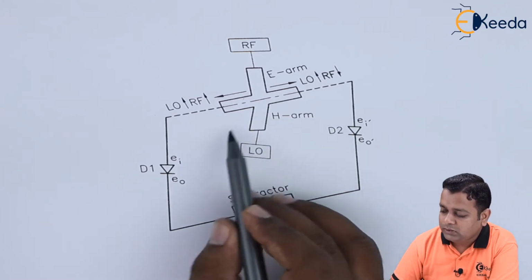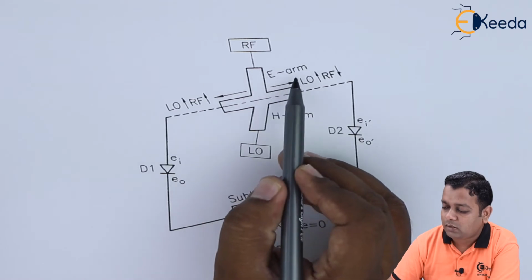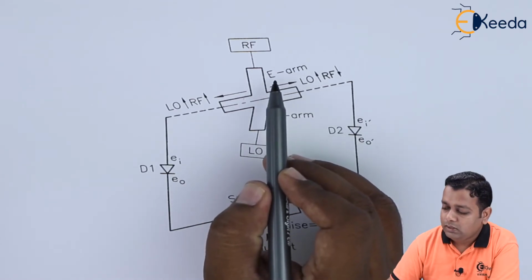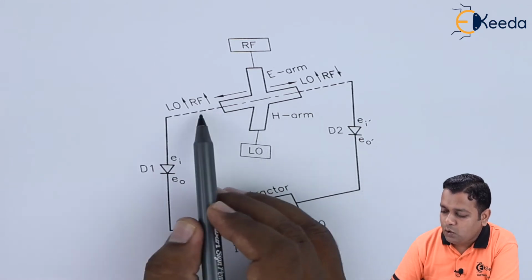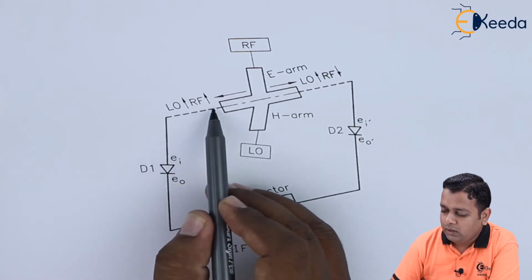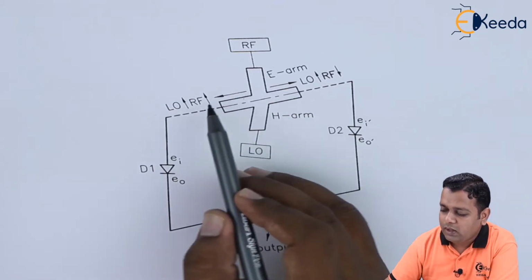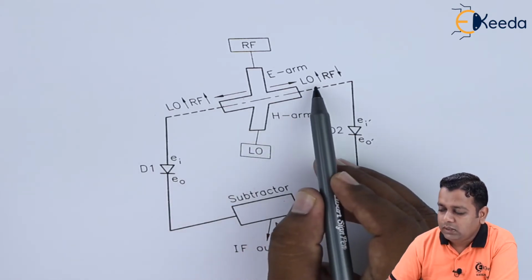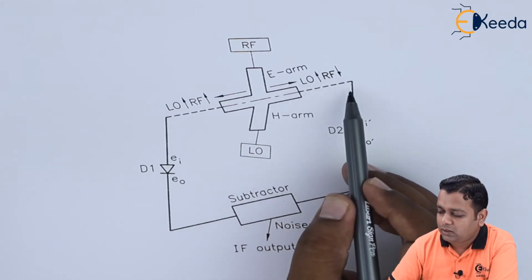The H arm exhibits the property of an H plane T, whereas the E arm exhibits the property of an E plane T. Here we have the outputs at the local oscillator and the RF both increased and in phase, whereas they have a reversal of phase at this particular collinear arm.